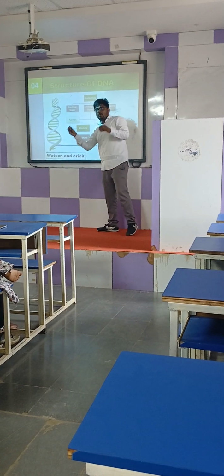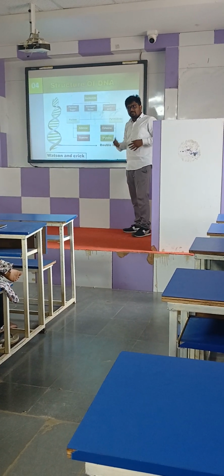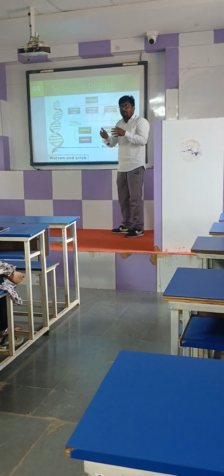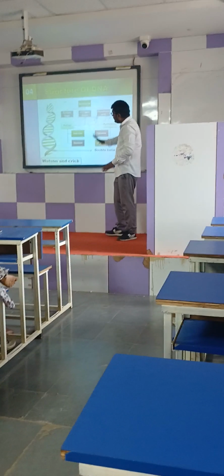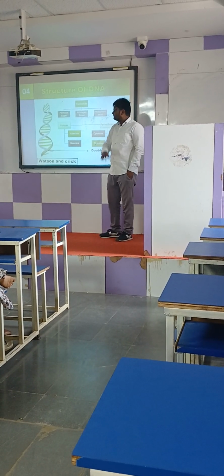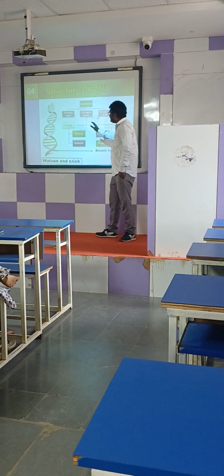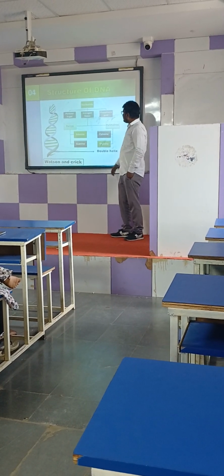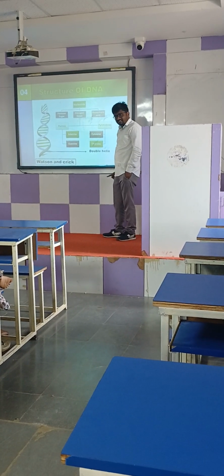Now the second slide. If you think about the structure of DNA, you all know it because we studied DNA from the 8th class. This DNA is made up of nucleotides. Each nucleotide is made from three substances: pentose sugar, nitrogen base, and phosphoric acid.